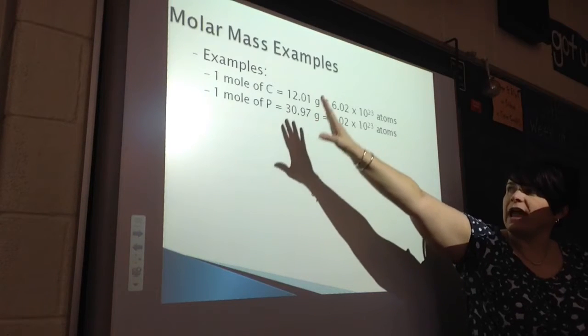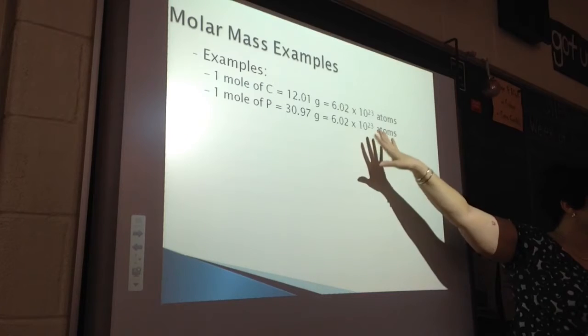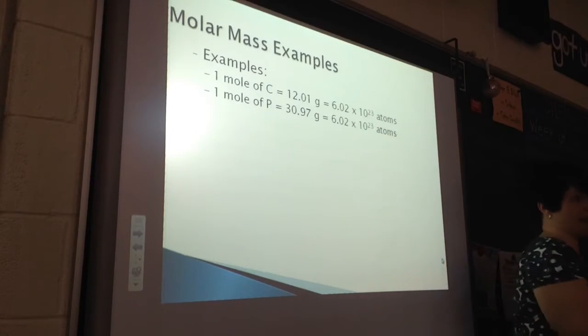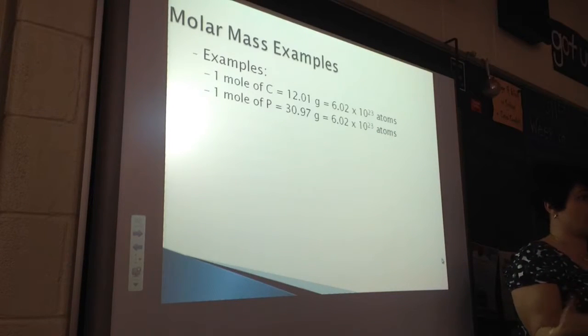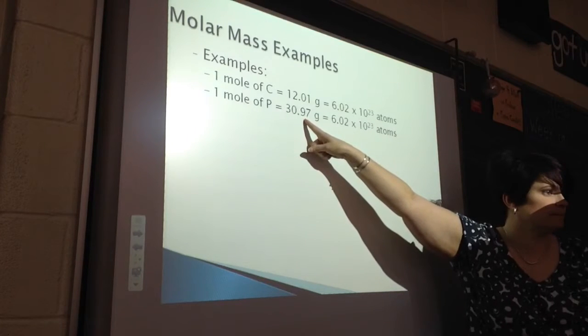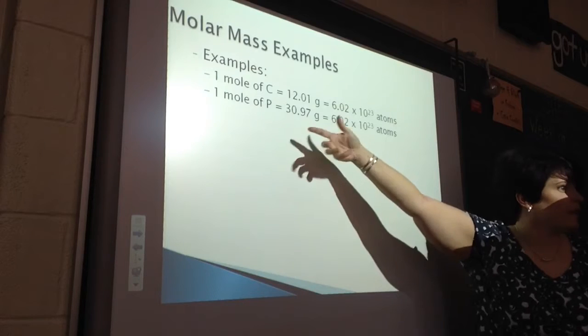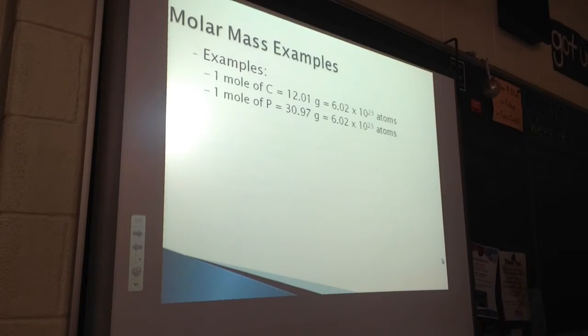Because I have a mole, I have 6.02 times 10 to the 23rd atoms, because a mole of anything is 6.02 times 10 to the 23rd of it. Now, where did this come from? The atomic mass for phosphorus, from the table.